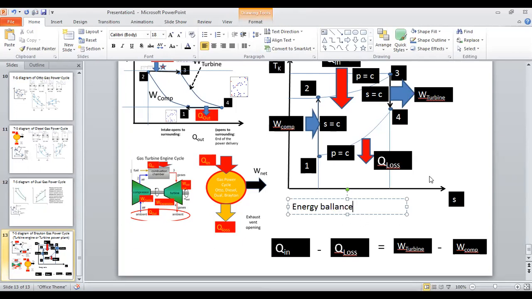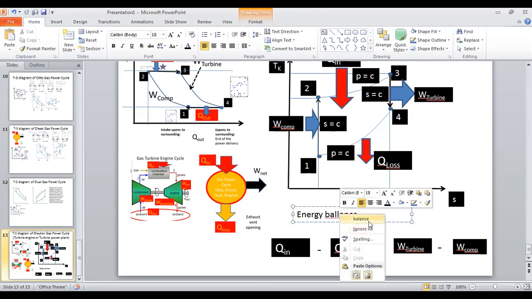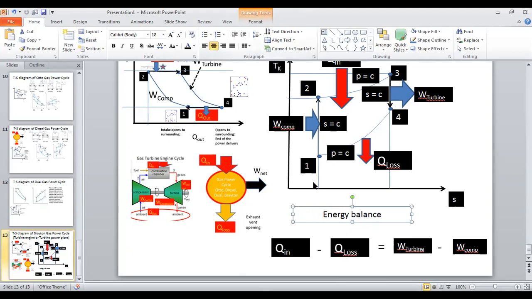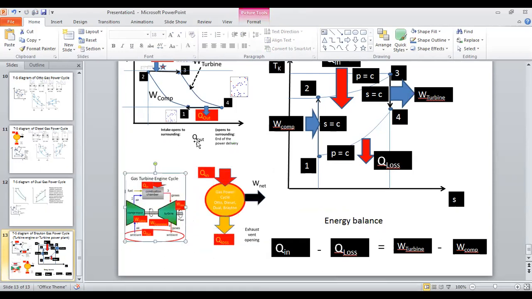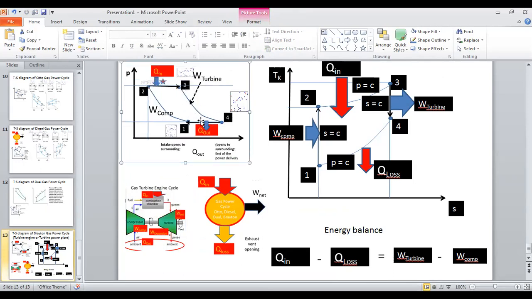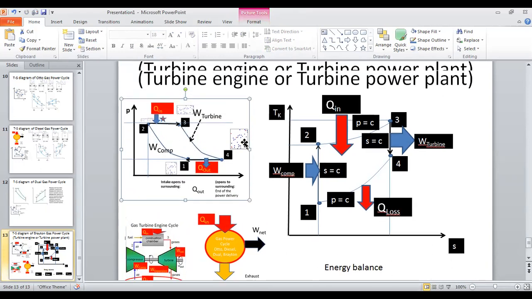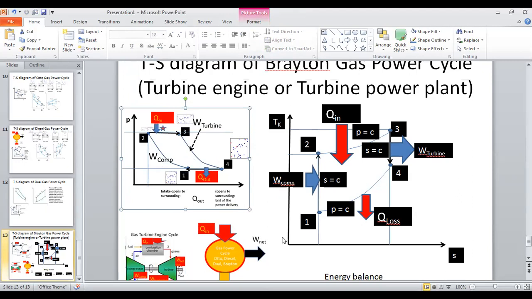So if you can understand all this, in the sense the energy balance, this model, this schematic, this diagram, Brayton PV, and this TS, okay, your basic concept of this is done.